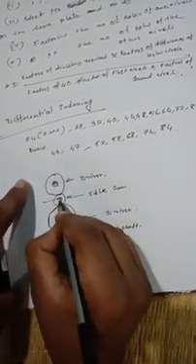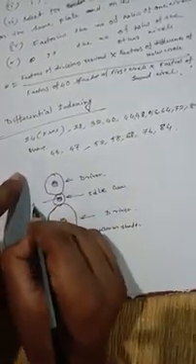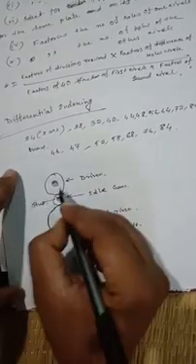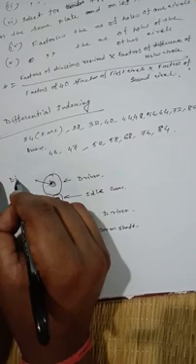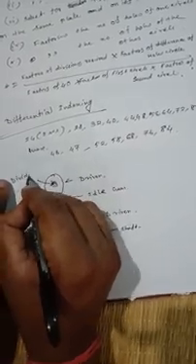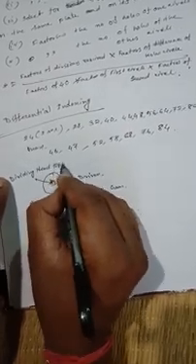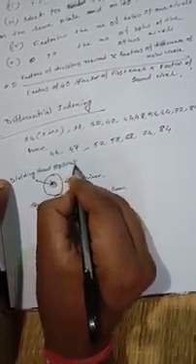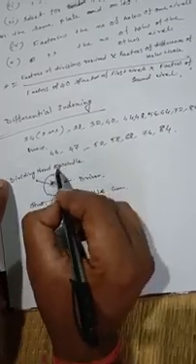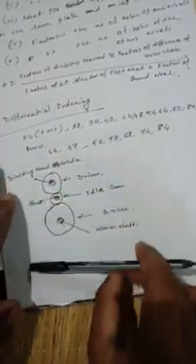This is main stud, and this is dividing head spindle. Dividing head spindle. Okay.